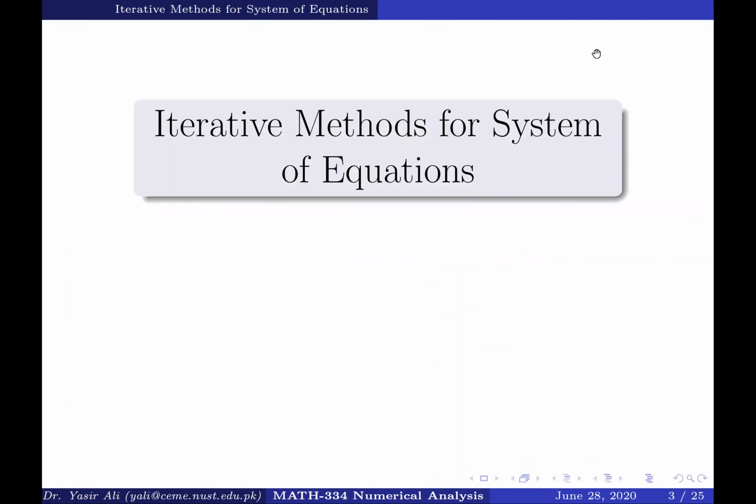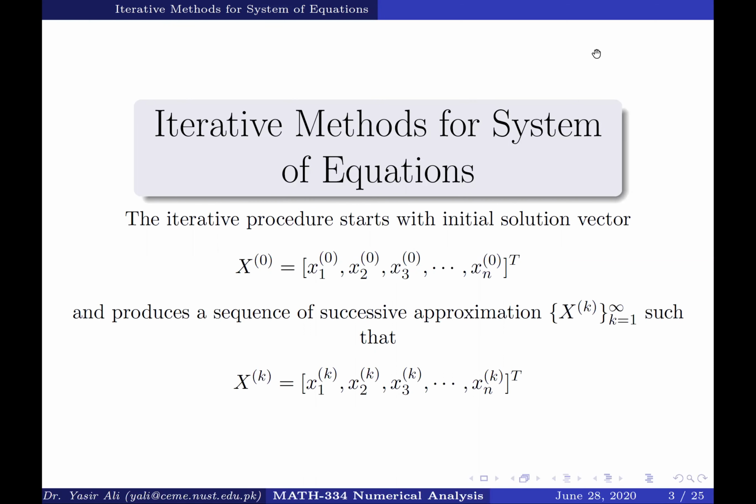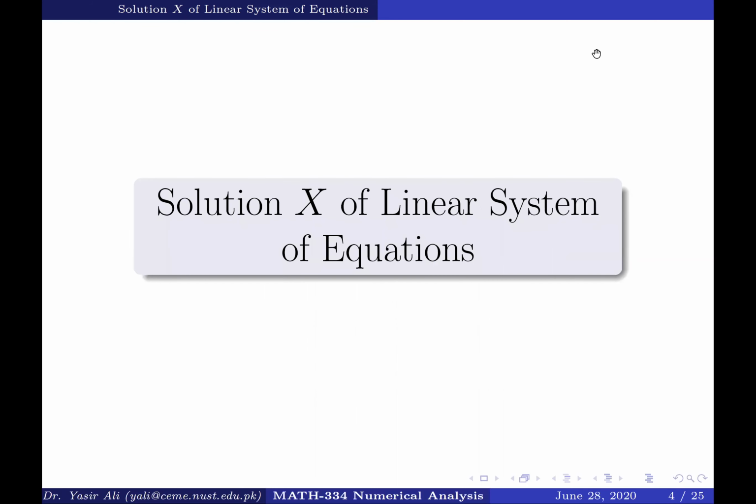So iterative methods are those in which we have some initial solution vector and then we try to find a sequence of approximations which is denoted by xk. Generally, the solution of a linear equation is represented by x.